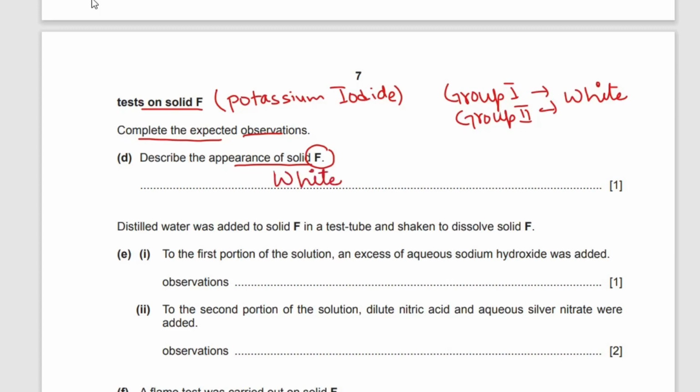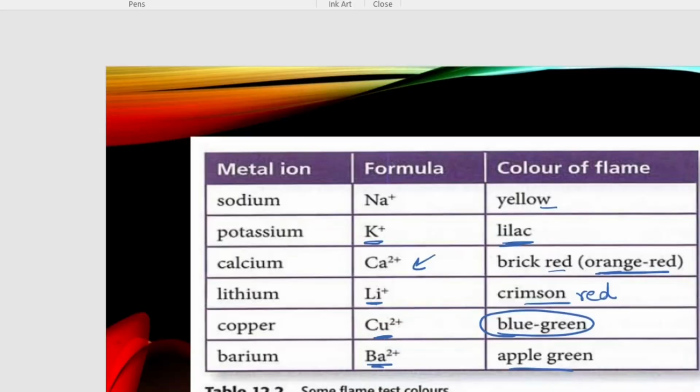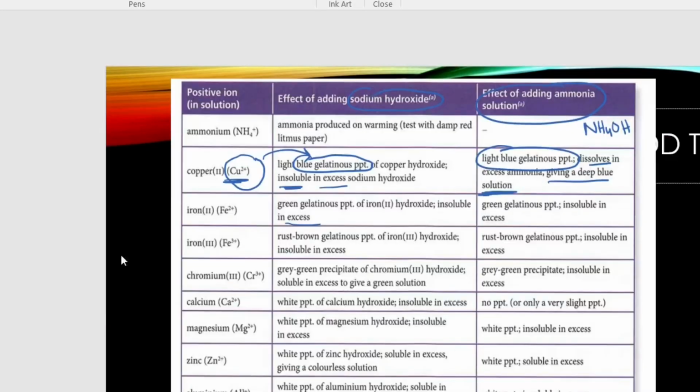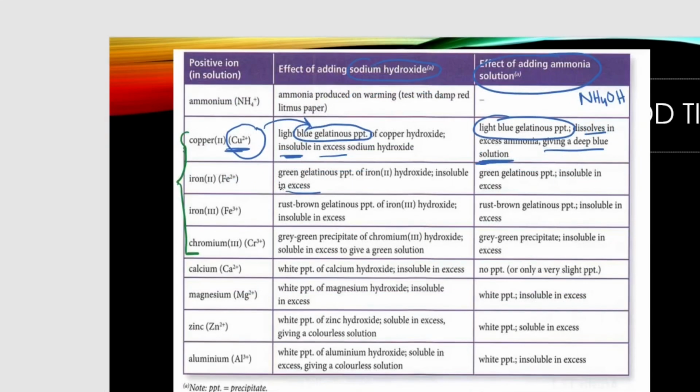Distilled water was added to solid F in test tube and shaken to dissolve solid F. It means that they make aqueous solution. To the first portion of solution, an excess of sodium hydroxide was added. Observation. So here you have to learn positive ions for copper ion, iron 3 ion, chromium ion. These are the ones which give colored precipitate with sodium hydroxide and ammonium hydroxide.